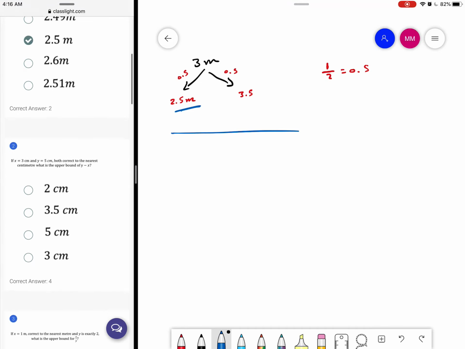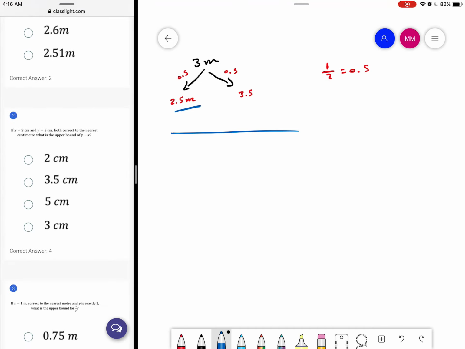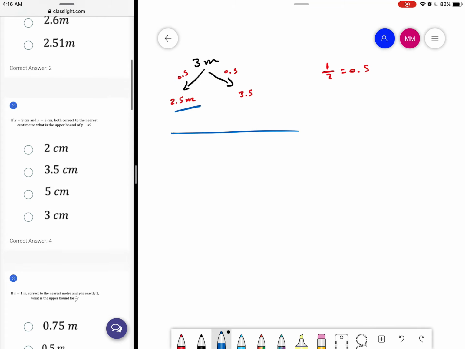For the next one, x is 3 centimeters and y is 5 centimeters, both of them correct to the nearest centimeter. So first we will divide 1 by 2 equals 0.5. We will add 0.5 and subtract 0.5 for x and y, so we have 3 and 5.